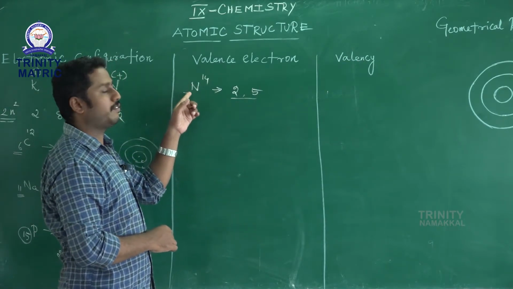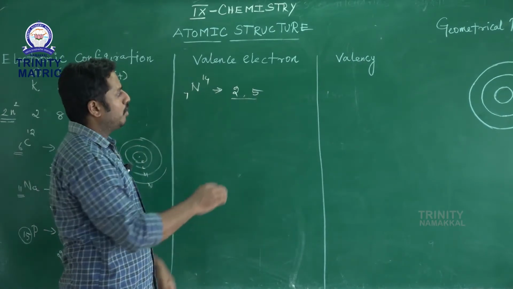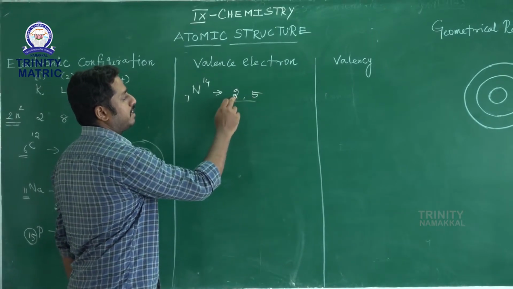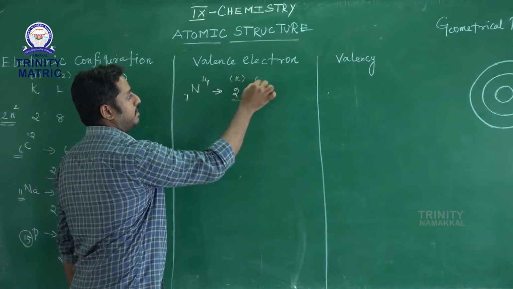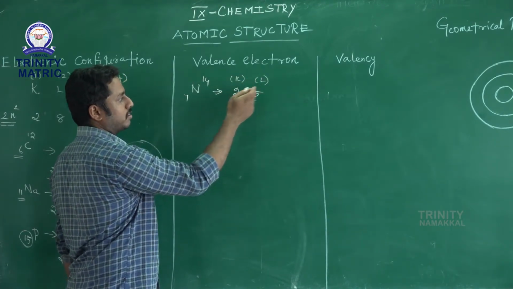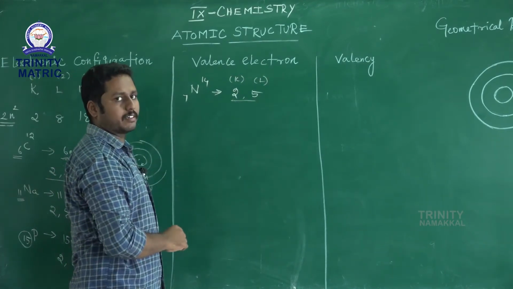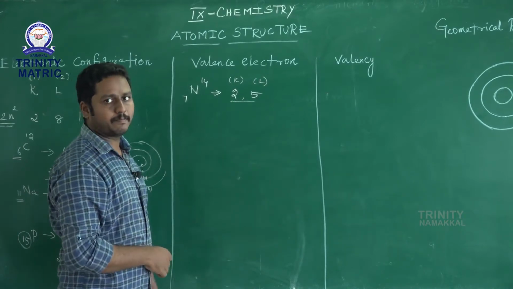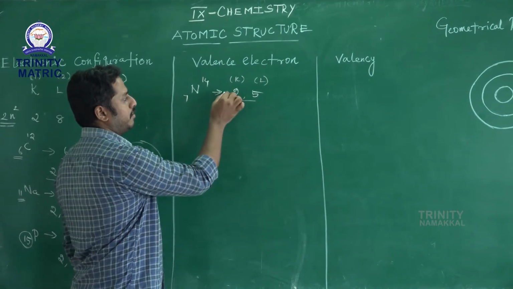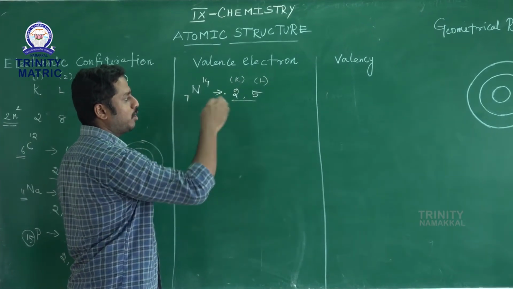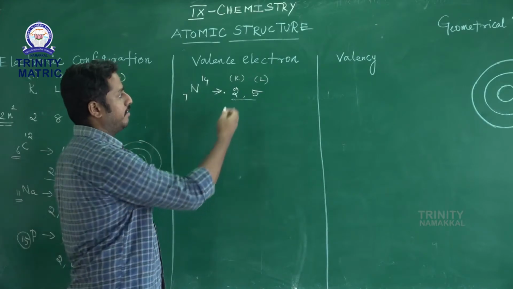For nitrogen, totally how many shells does it have? Only 2 shells, the K shell and the L shell. K shell has 2 electrons and L shell has 5 electrons. So what is the outermost shell from the nucleus? The first shell is K, next L. Considering the nucleus is here, which one is the last shell?